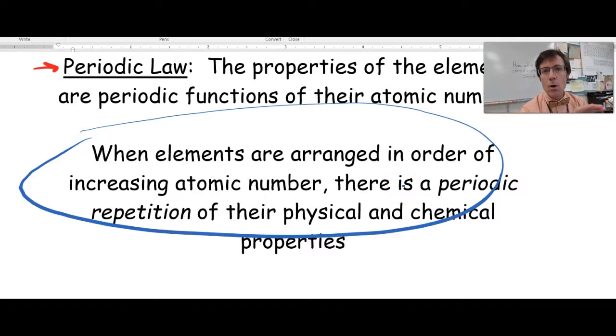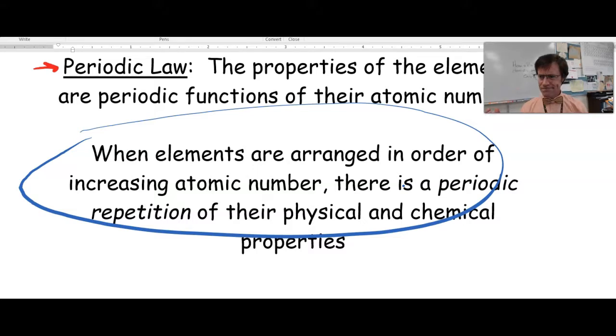So basically what Moseley saw is that when you lined elements up according to their atomic number, there is a periodic repetition of their chemical and physical properties. In other words, if you measured atomic radius, right, and lined all the atoms up like this and then graphed atomic radius, it will go up, up, up, up, boom, and then drop down almost to where it started, and then go up, up, up, up, boom, and drop down again, and it kept doing this over and over, periodically.